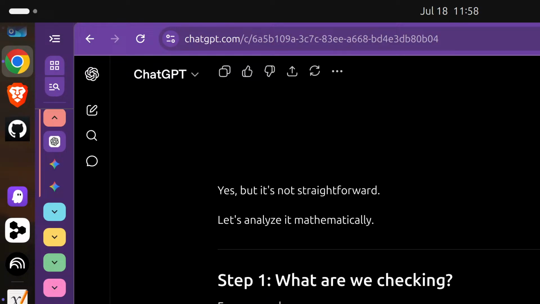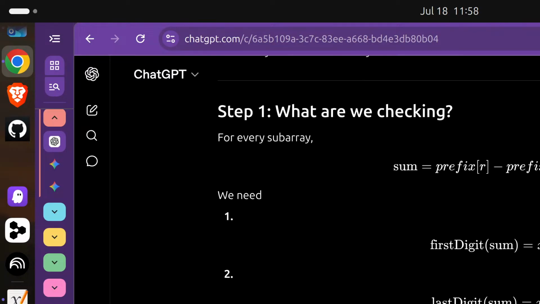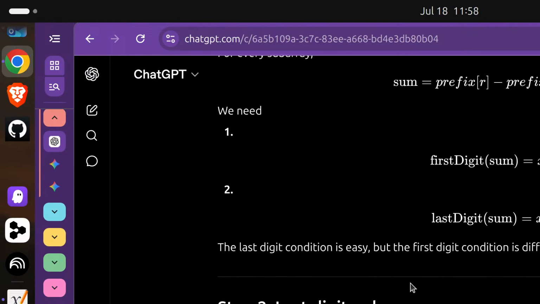So for every subarray, sum is equal to prefix r minus prefix l minus 1. Okay, prefix l minus 1, right. We need the first digit of the sum to be equal to x, and the last digit of the sum to be equal to x. Okay. Yeah, but the first digit condition is difficult.